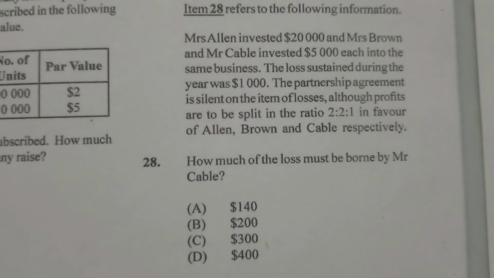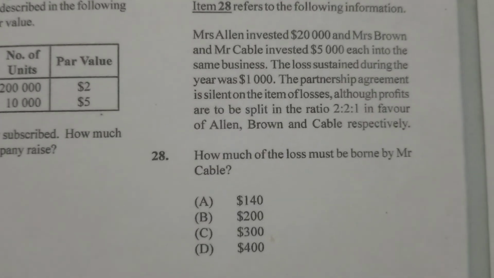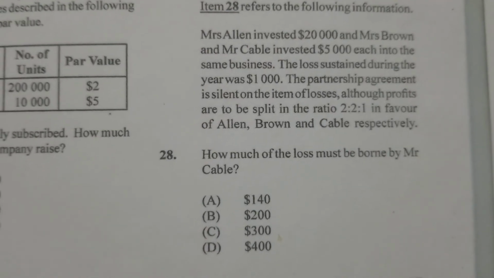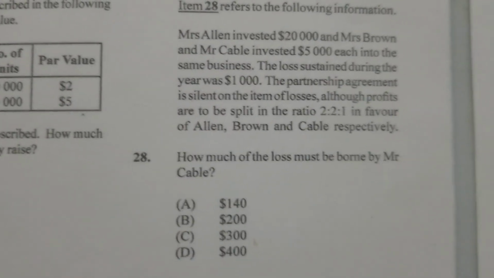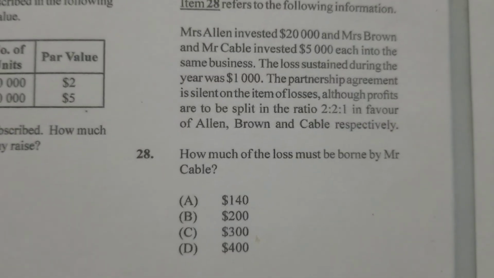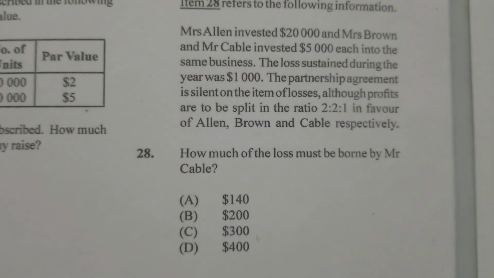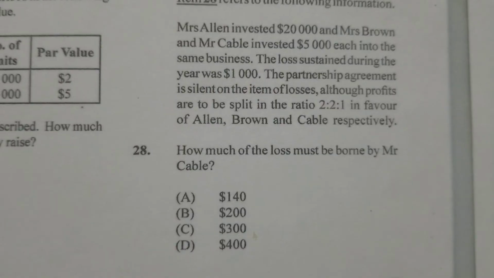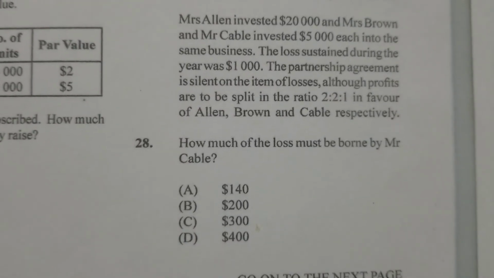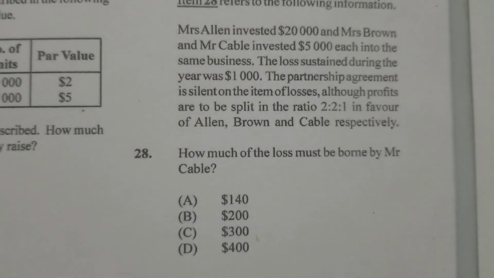Now, what we need to do is that the ratio that we have, we're going to use it in relation to profit and losses. So we're using the same ratio. Now, it is 2 to 2 to 1. Therefore, we are going to want to find Capel, so it is 1/5.